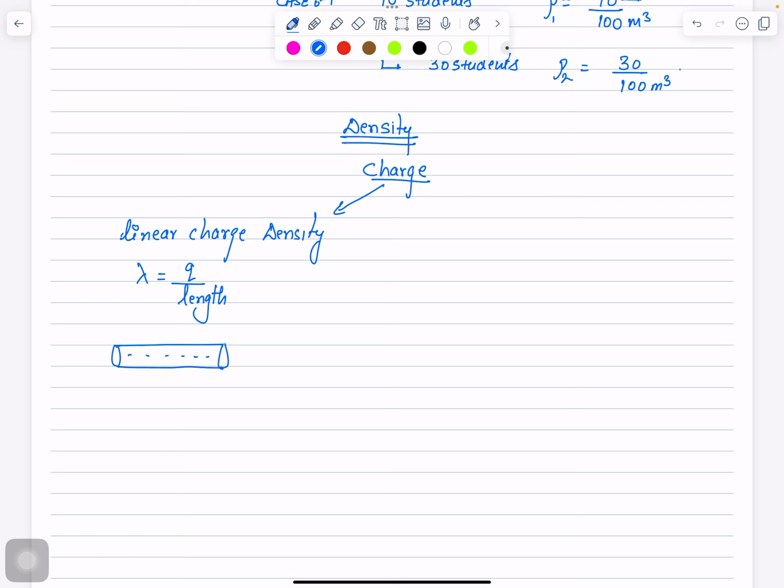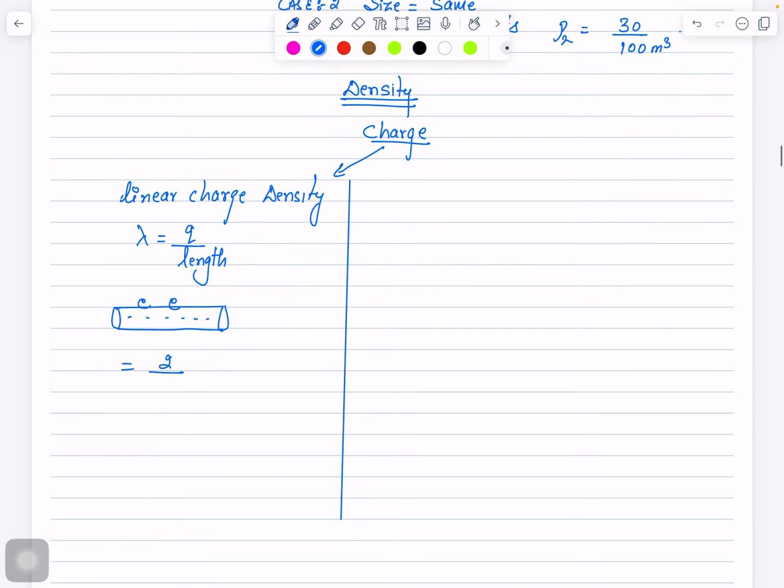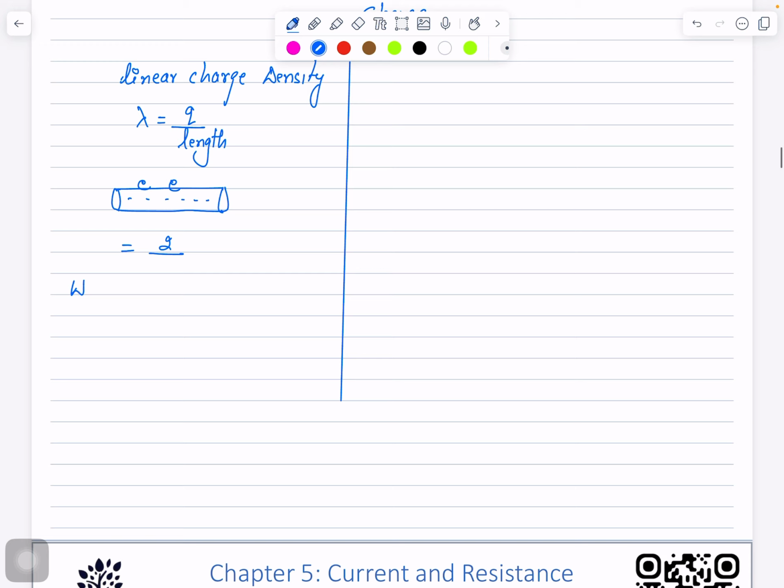Let's say in the first case, if you have only 2 electrons, you can say 2 electrons per meter. Or I'll take another example which makes it easier for you to understand. Let's say the wire length is 1 meter, and you have 2 electrons.